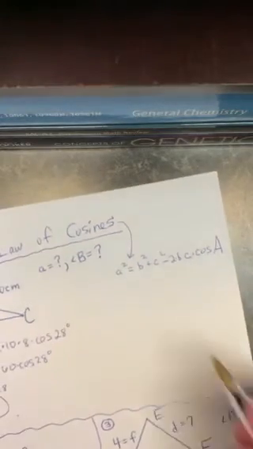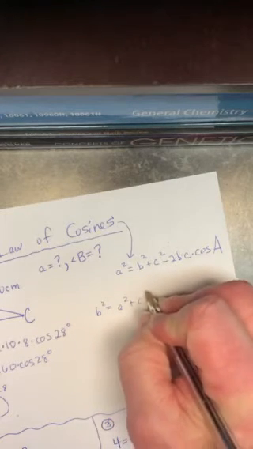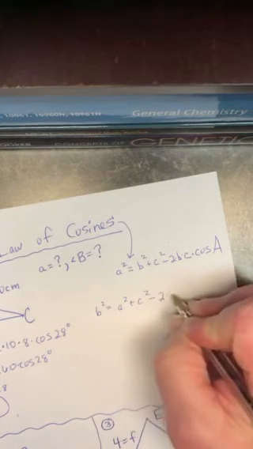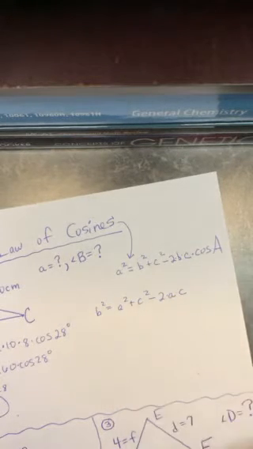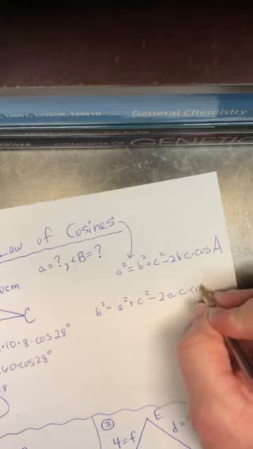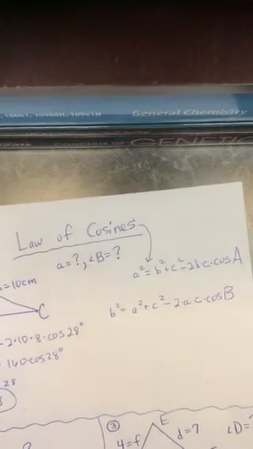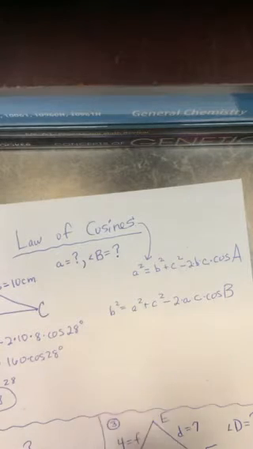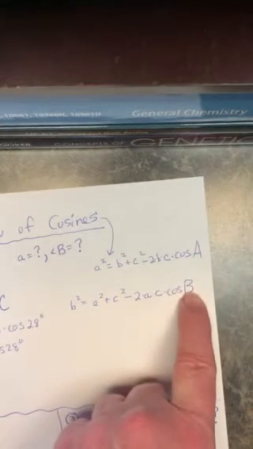So now I would write B squared equals A squared plus C squared minus 2 times A times C, right? Use those same two letters again, times the cosine of capital B. So plugging all my values in. Notice this time I've got A, B, and C, all three given to me, don't I? The thing that's missing is angle B.